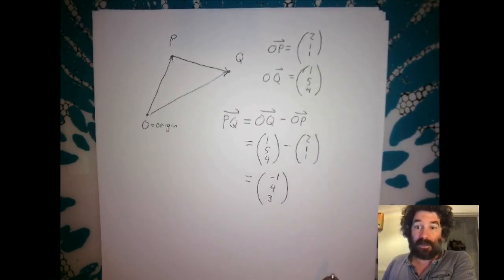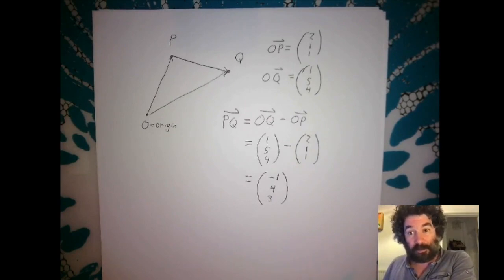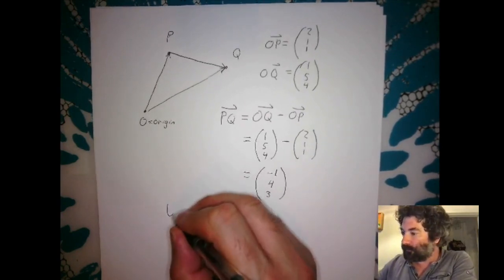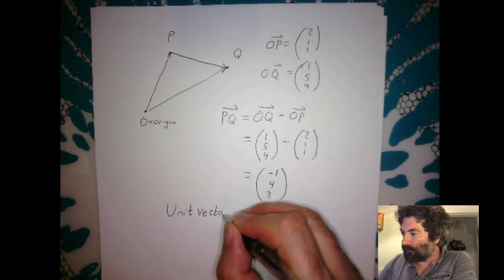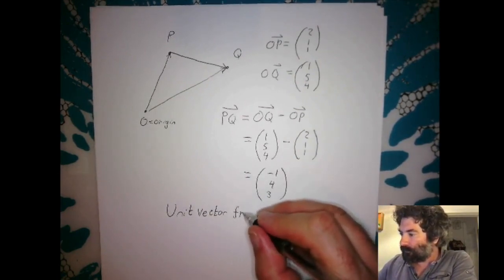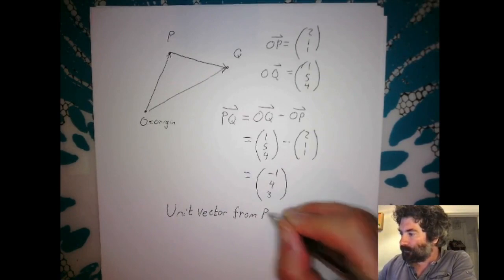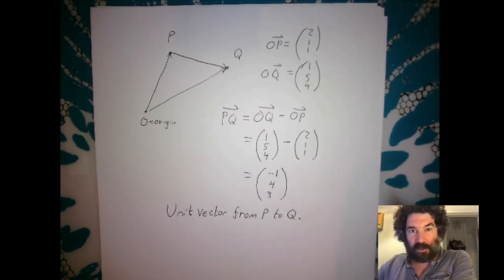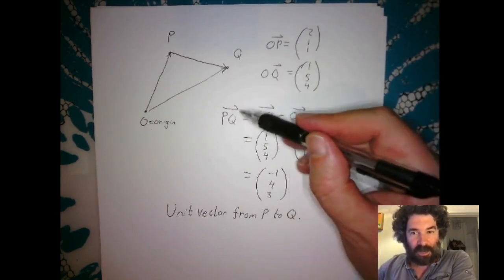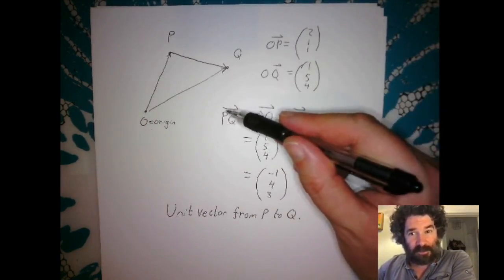Now let's calculate the unit vector that points from P to Q. The notation now breaks down a little bit because it's quite awkward to put a hat over this vector from P to Q with the arrow.